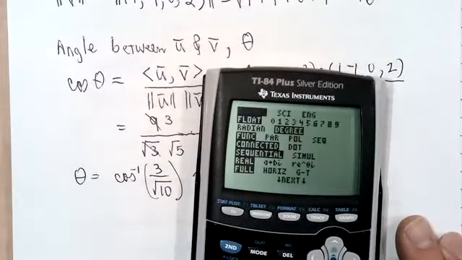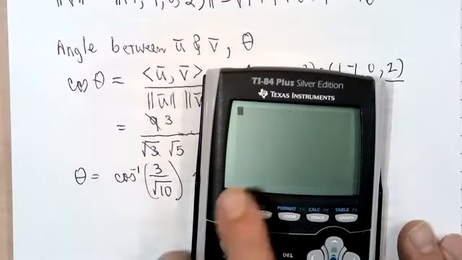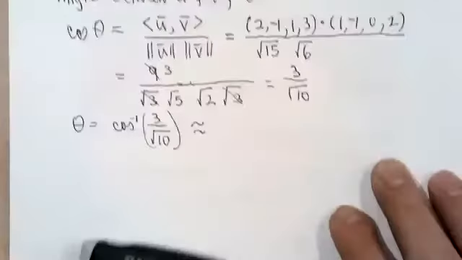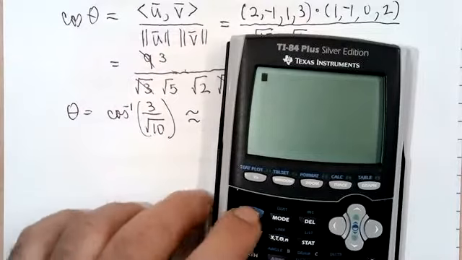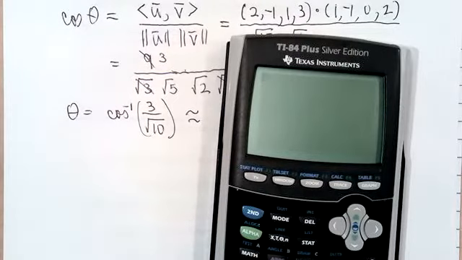So mode, looks like I already set that to degrees. And then I want the inverse cosine of 3 over root 10. So second inverse cosine 3 divided by root 10. Oops.